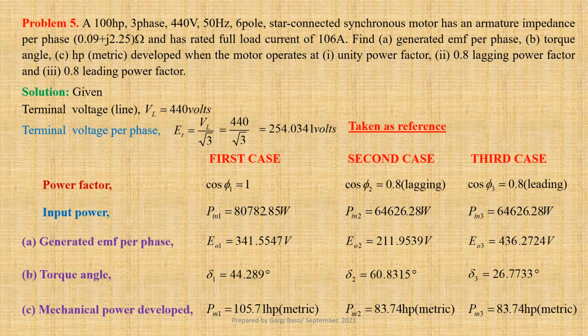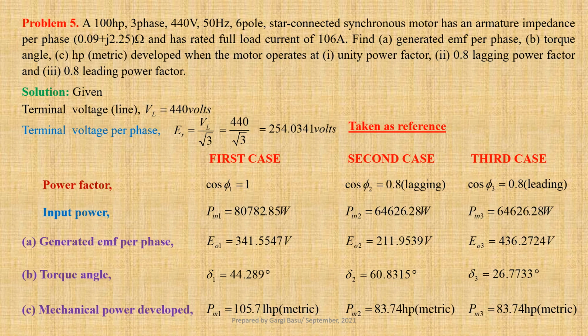Now we find that input power Pin2 equals Pin3 and mechanical power developed PM2 equals PM3. This indicates that the amount of input power or mechanical power developed does not depend on the nature of power factor. They are equal under both leading and lagging power factor condition, provided the magnitudes of power factors are equal.